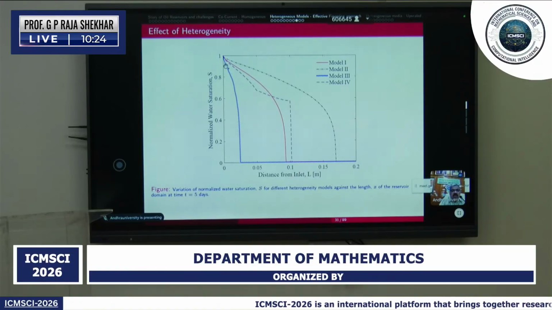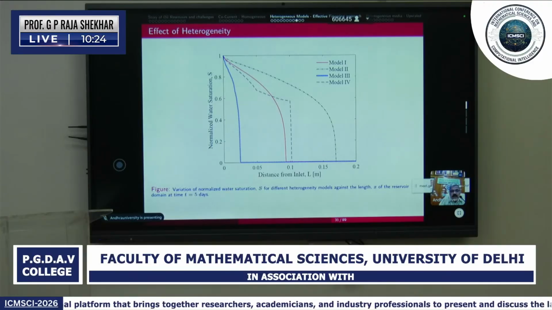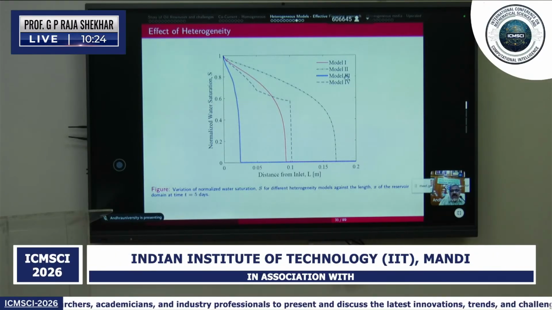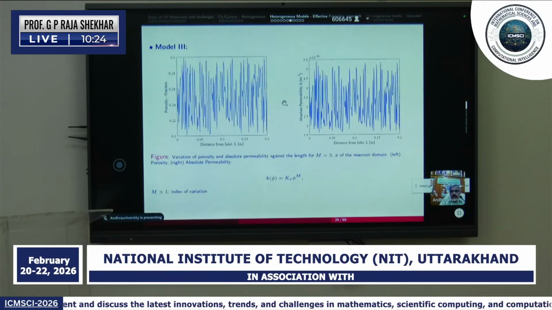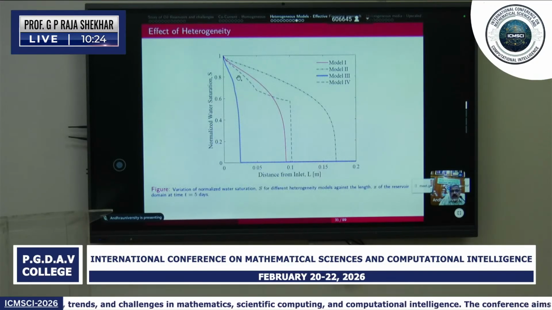That means normalized water saturation is 1 and then it is dropping, which means oil recovery is enhanced, but this is not realistic. Then if you have a block model, there is a discontinuity between region 1 and region 2.